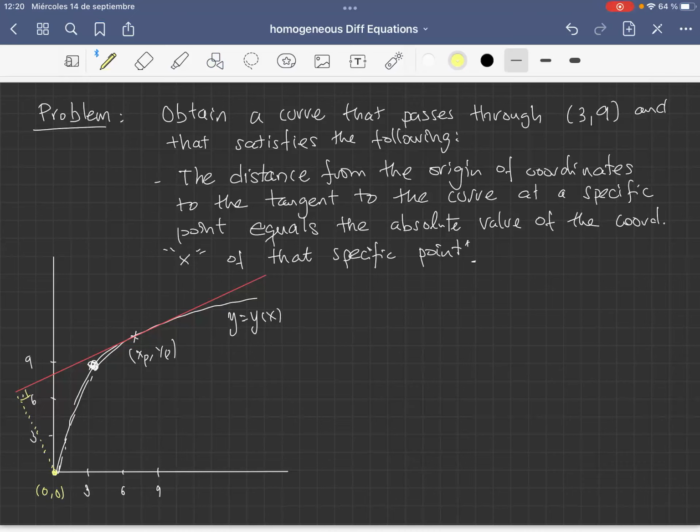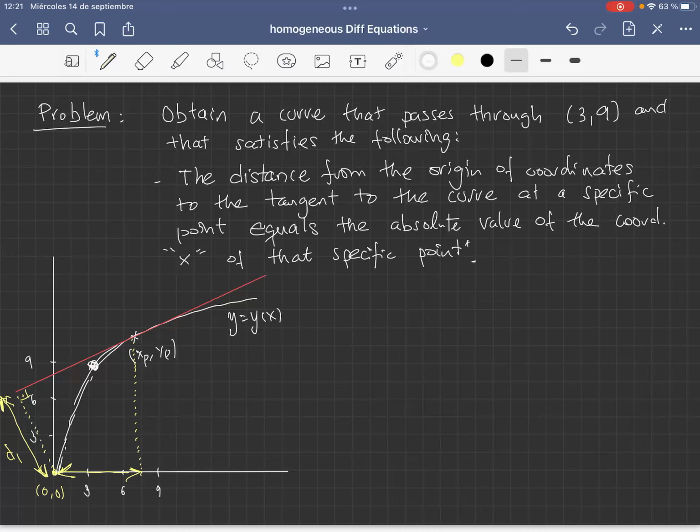And this is a 90 degree angle. This distance has to be equal to the absolute value of x. So you may start wondering what this curve is. I won't display it until we solve the equation, but this is what the problem is asking from us. So let's try to solve this.